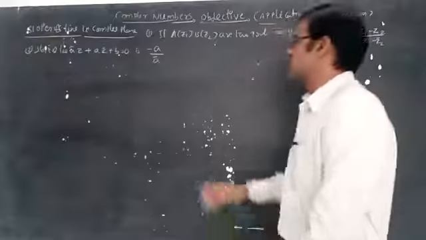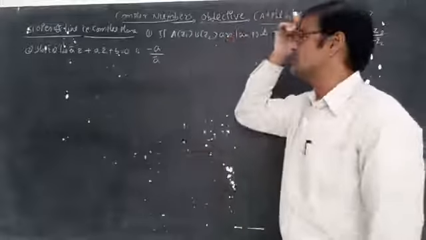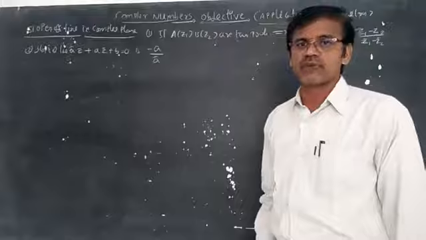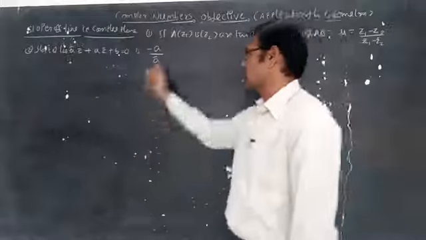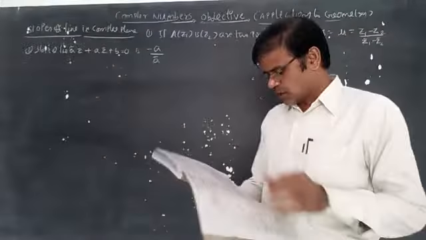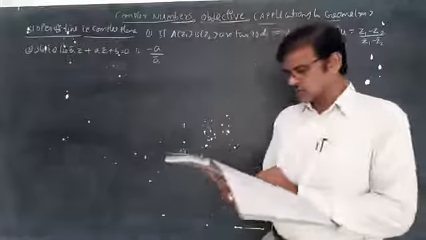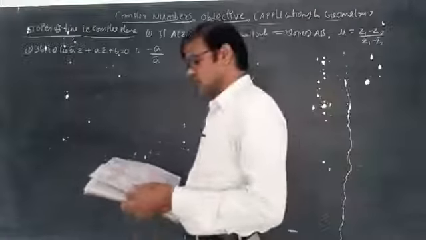Just previously I said that for x plus iy, the slope is minus coefficient of x by coefficient of y, so similarly you can write here minus A by A bar is the slope of the line in general complex form, where A is non-zero and B is a real number.